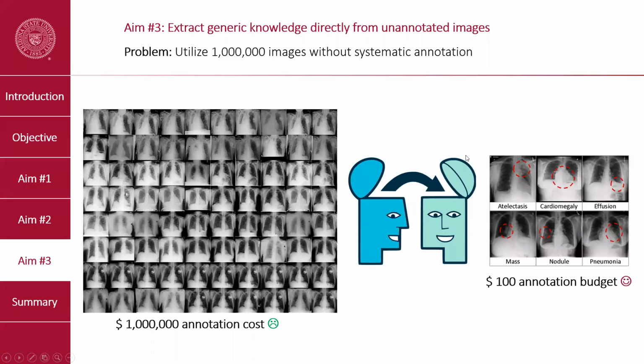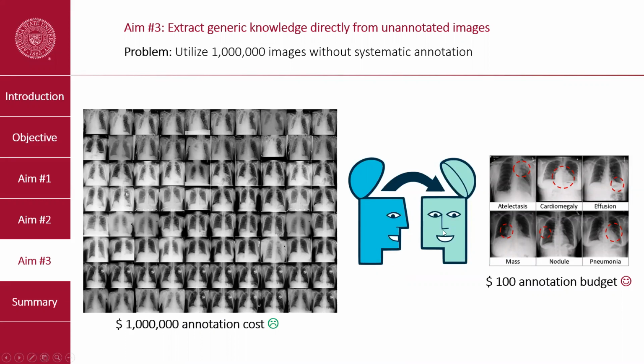So far, we have only discussed how to use the annotated data, but it is also important to recognize the power of unlabeled data. Therefore, my third aim is to extract the generic knowledge directly from it, so that the deep model can transfer this knowledge to many other image tasks.